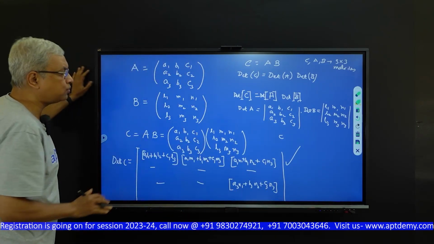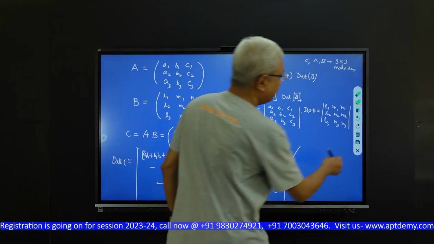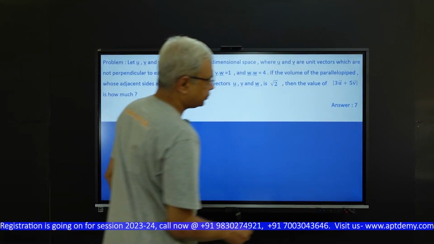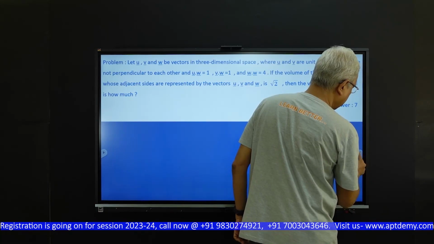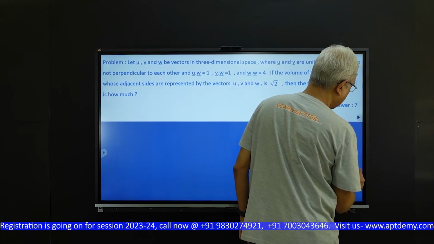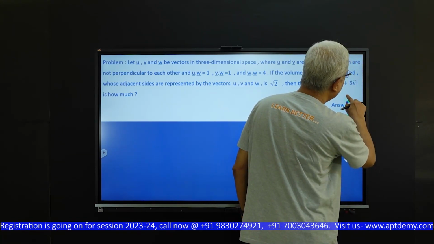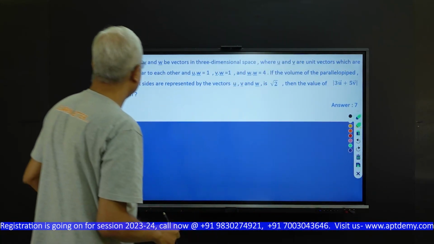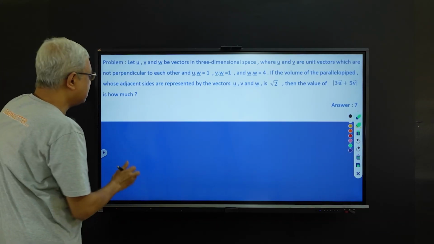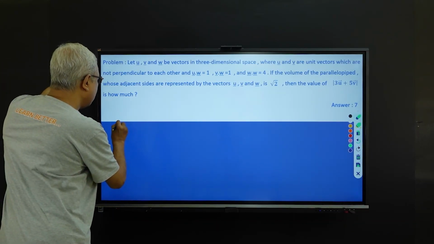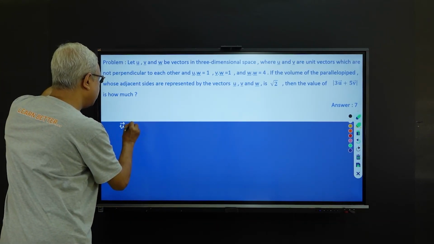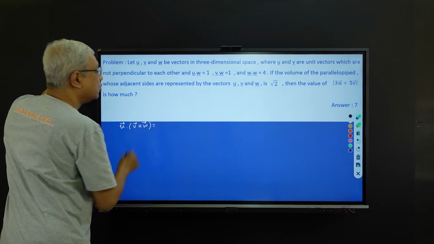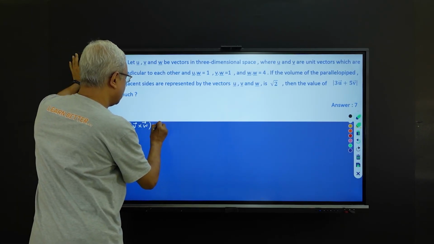In that manner, the product of two determinants can be found out. So, with this background, let us proceed to the problem. Now, what's the problem? Let us try to solve it. It is given that U dot V cross W is equal to √2.